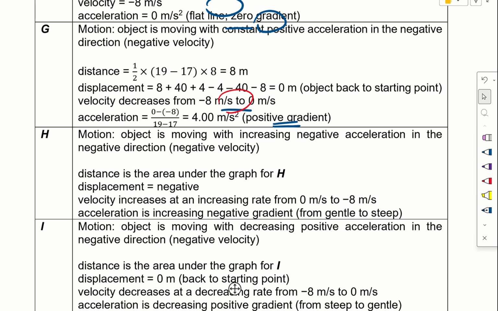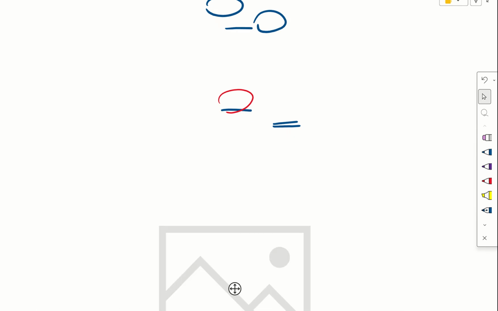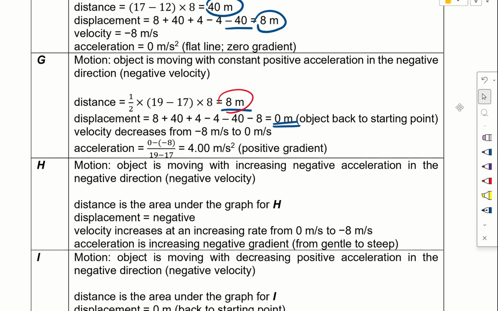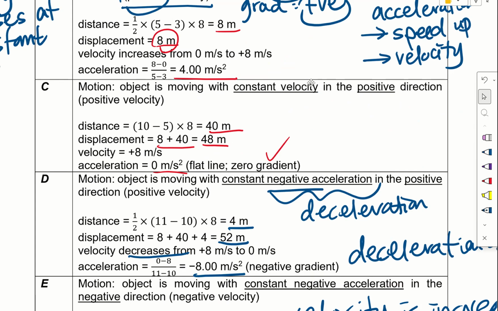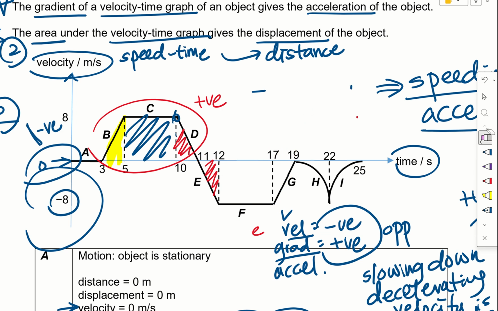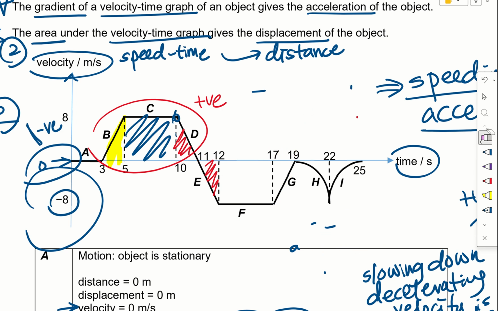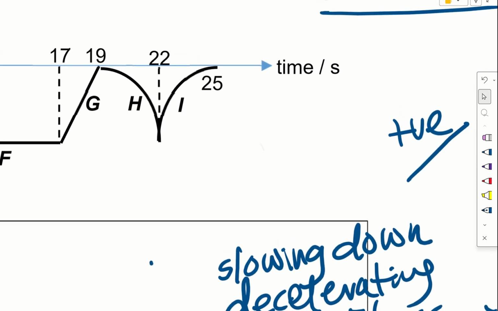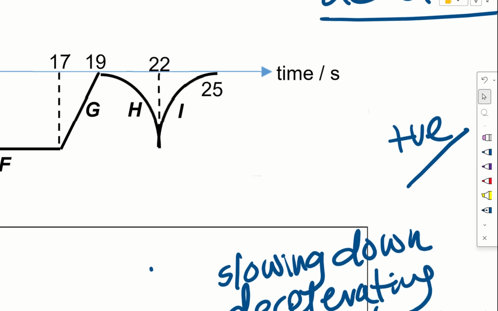Let's look at H. Let me erase this. H is from 19 to 22 seconds, okay?